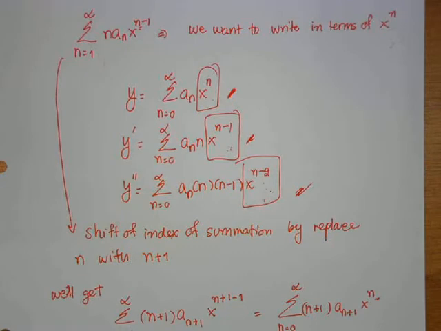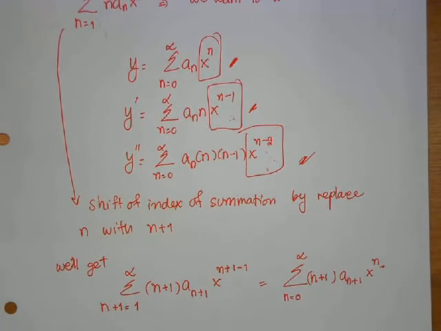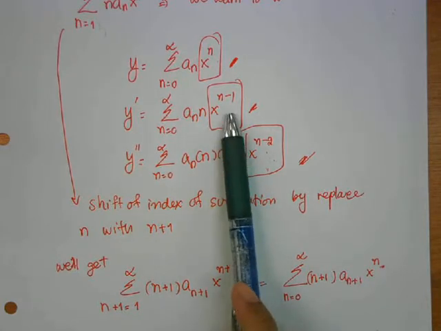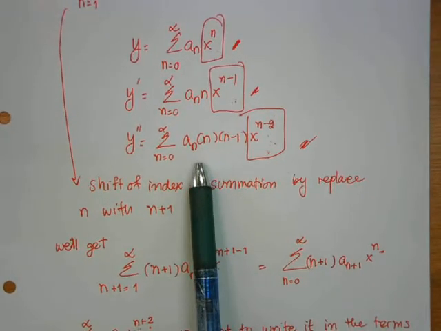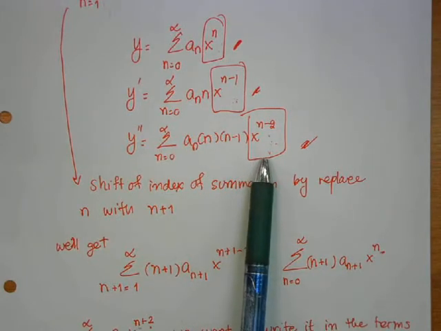So when we do the first derivative of it, we would get a_n times n times x to the power n minus 1, and when we do the second derivative, we would get n times n minus 1 times x to the power of n minus 2.